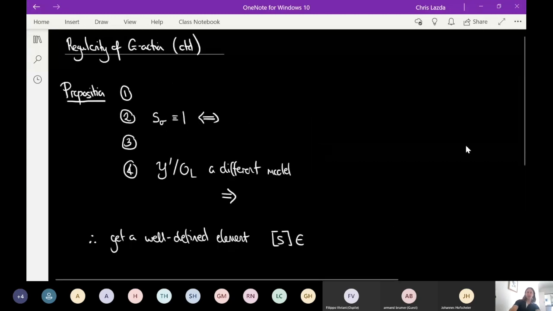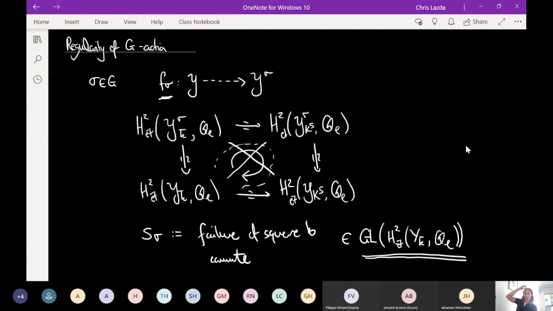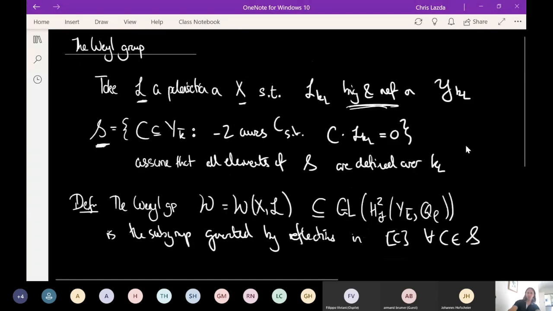And now the key point is that because the failure of uniqueness of models of K3 surfaces is actually controlled by flops, this map here, this F sigma, can actually be written as a composition of flops in these curves here.